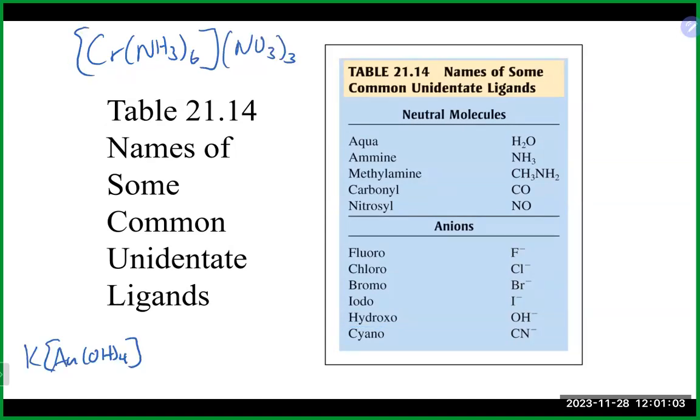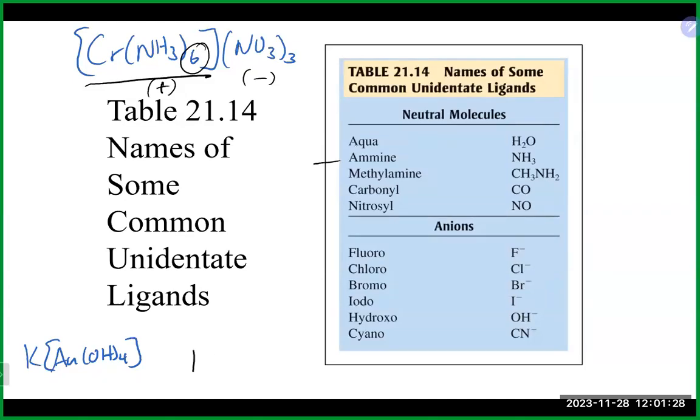Okay, so let's take a look. We earlier established that our complex ion here is coming first, which means it's a positive complex ion, and we have a negative counter ion, which is the nitrate in this case. Because it's positive, we can just use the regular name for the metal, so we don't have to use the one that ends in ate. We do have 6 of these ammonias, and again, that's going to be amine.